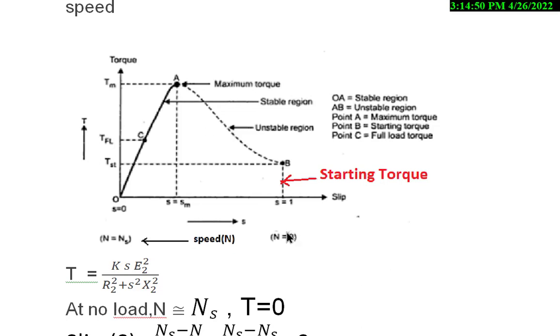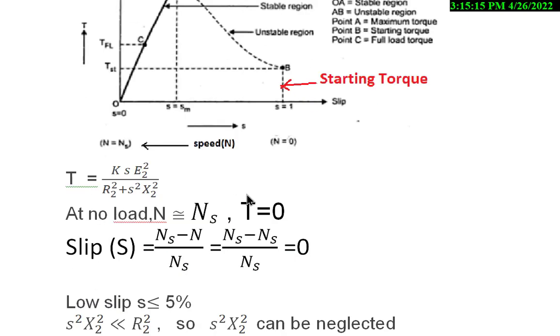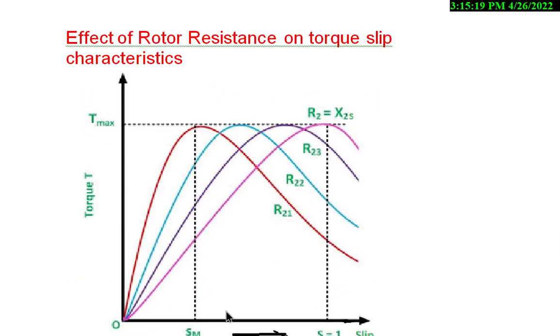The graph that we get between this torque and this speed is called the torque speed characteristic, and it is only one characteristic for the squirrel cage induction motor, whereas for the slip ring type of induction motor, torque speed characteristics can be obtained with different rotor circuit resistances like this.